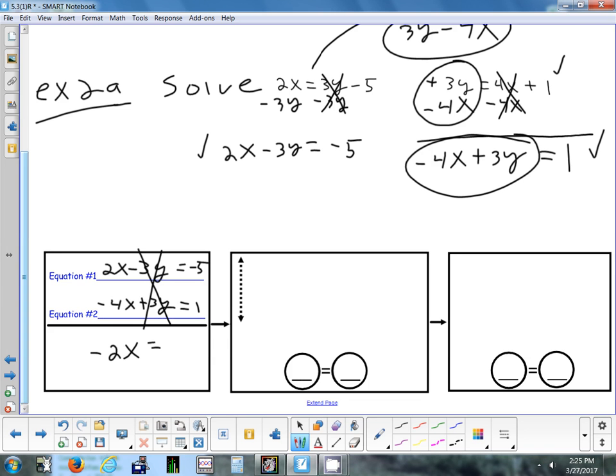Yep. Negative 4. All right. Now I'm running out of room, so I'm just going to copy it over here. And my next step, I should know what x is. Josh, can you give me my last step to get x? Divide by negative 2. And what's x?